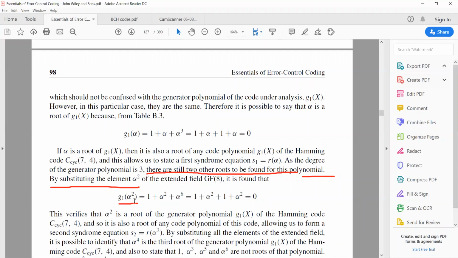So this verifies that alpha square is a root of the generator polynomial. This is also written here, that is G1x, and the Hamming code, the cyclic code 7,4, so it is also the root of any code polynomial of this code, allowing us to form a second syndrome equation, which is S2 equals R alpha square.